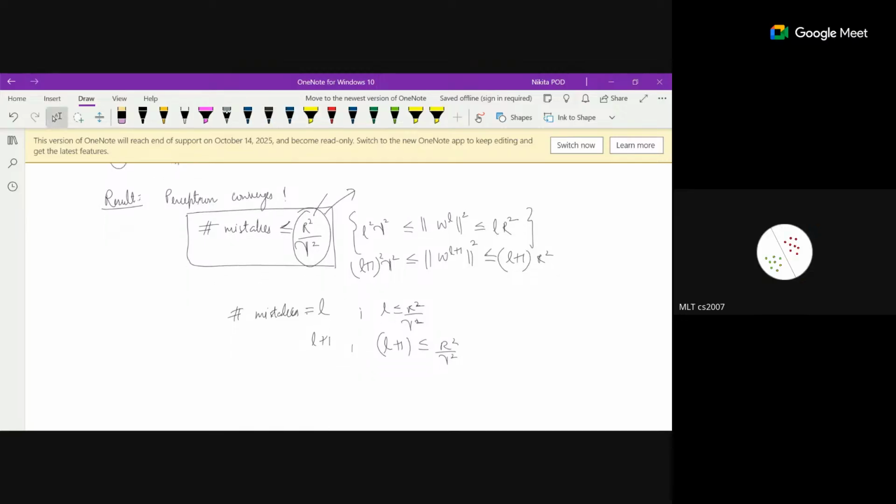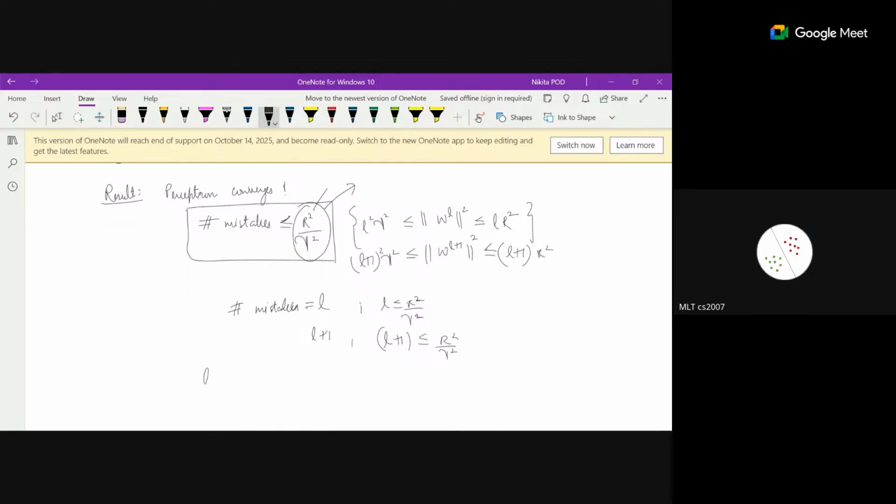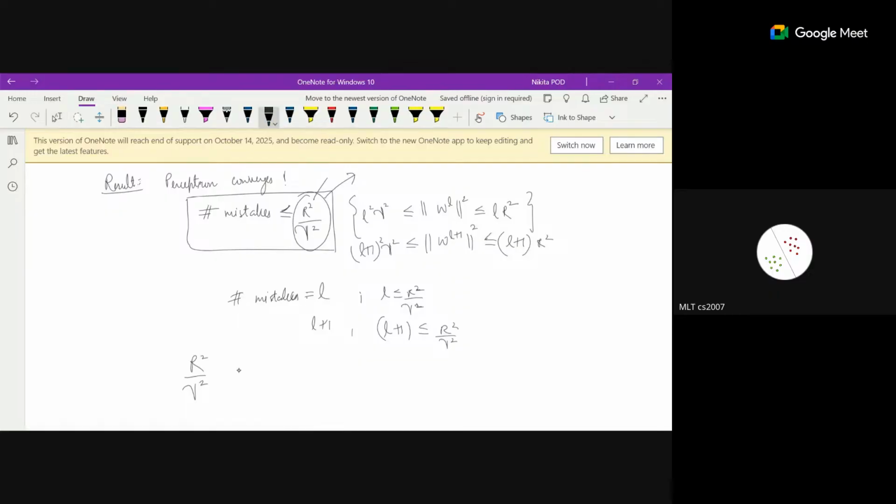If R is given and gamma is given, let us take any values, say gamma is 2 and R is 4. What should be L?